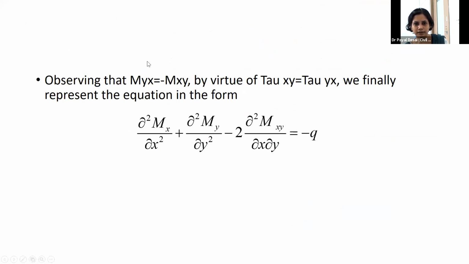Okay, and we are considering this mxy as opposite of myx, due to the fact of complementary shear stress, tau xy is equal to tau yx. Both arrows of the shear stress will be in opposite directions, so it will produce a reverse moment, and that's why this mxy can be opposite of myx.